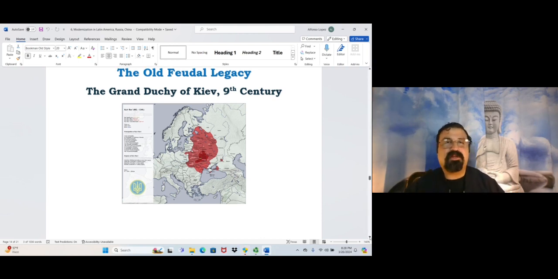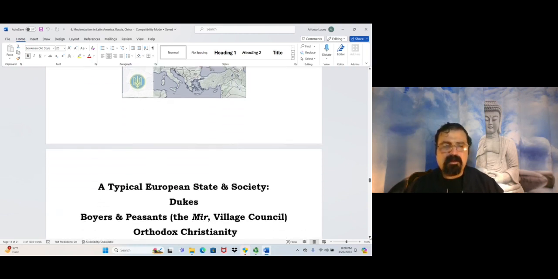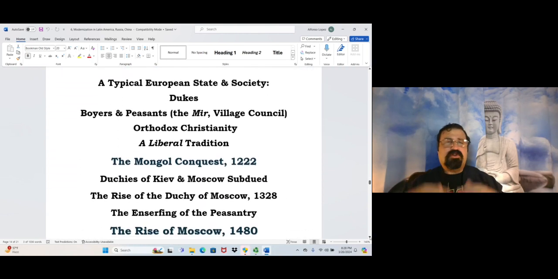Again, the Duchy of Kiev. Now, of course, the leaders themselves were the Vikings, while the masses were comprised of other ethnicities that were Slavic. Okay, the masses were Slavic, while the rulers were Vikings in this case.